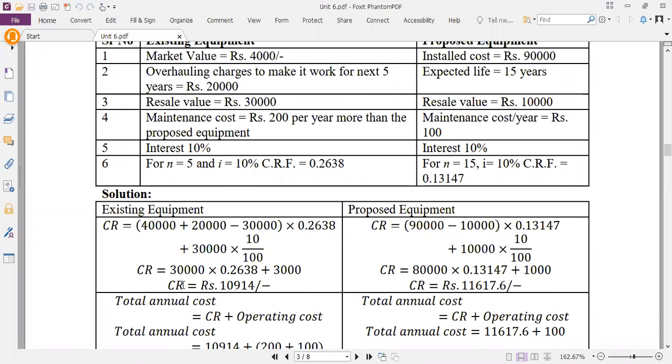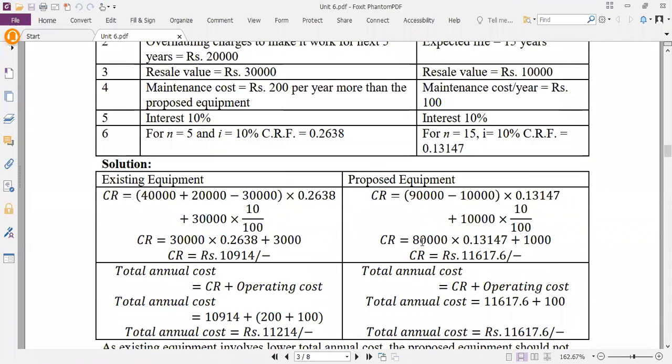So the capital recovery is 10,914 for the existing equipment, and for the proposed equipment capital recovery is 11,617. Then the operating cost, that is maintenance per year: 200 more than the proposed equipment plus 100, so 300, plus the 10,914, total cost is 11,214.